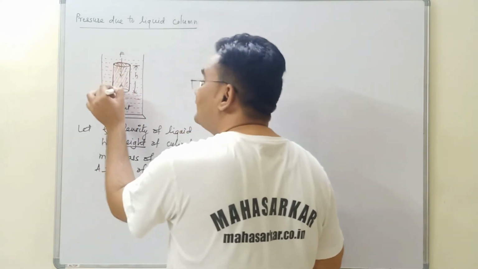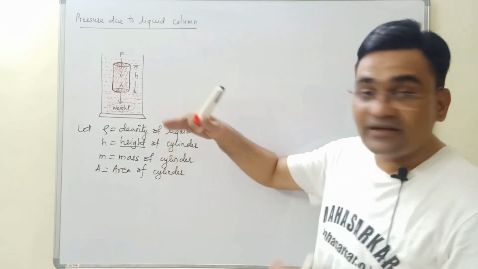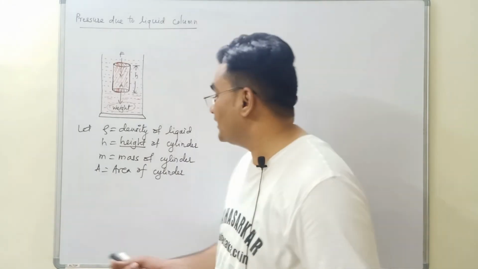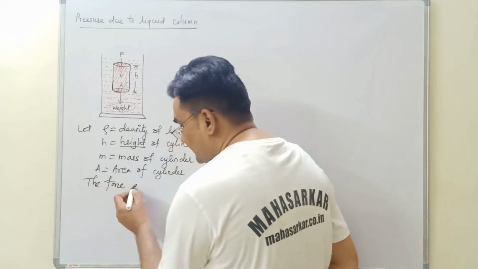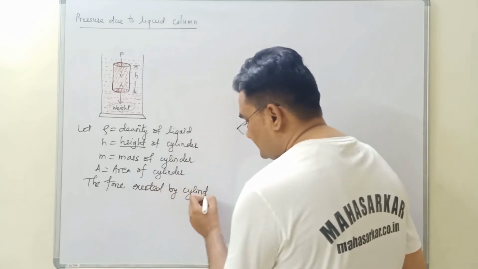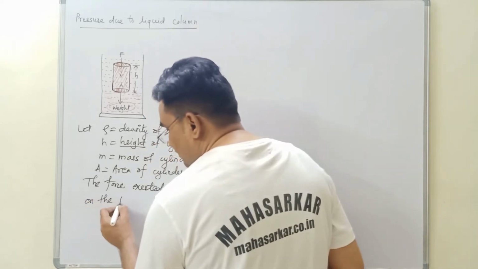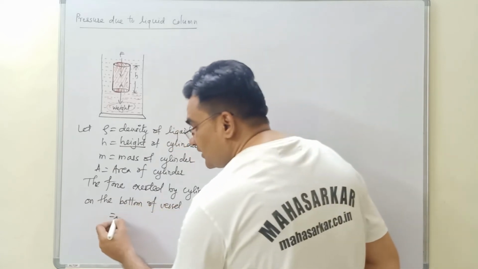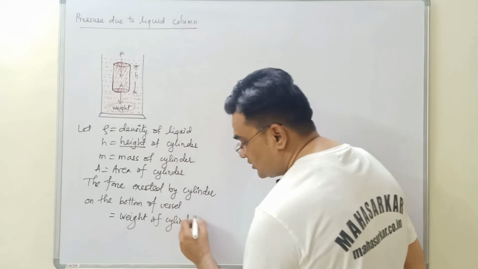Because of that, this cylinder will exert force in a downward direction, and we know that the force exerted by that cylinder in a downward direction will be nothing but its weight. So the basic thing to be written here: the force exerted by the cylinder on the bottom of the vessel is nothing but the weight of the cylinder.